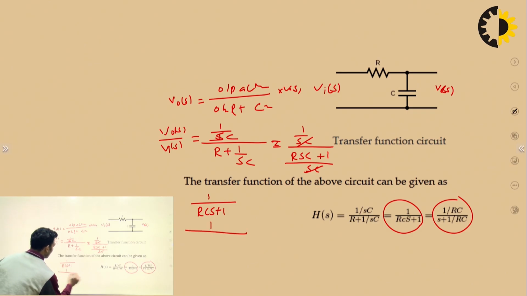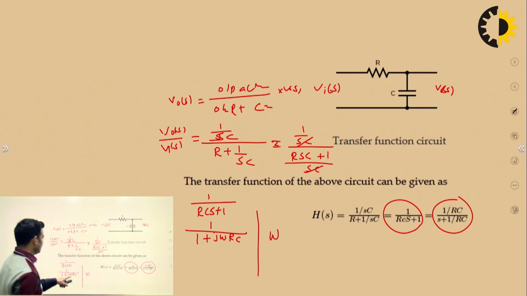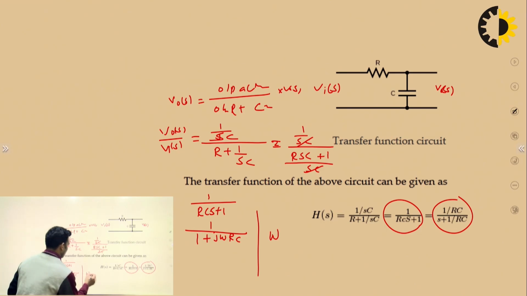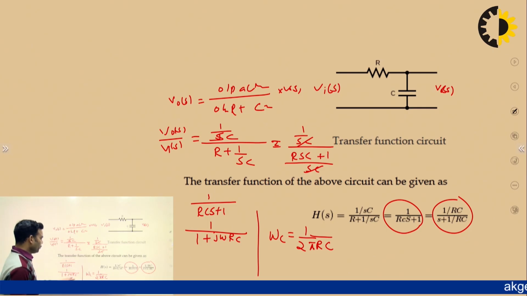This is 1 upon 1 plus S, which is 1 plus j omega RC. And omega c is equal to 1 upon 2 pi RC. So, if you put it here, you will get it like this.